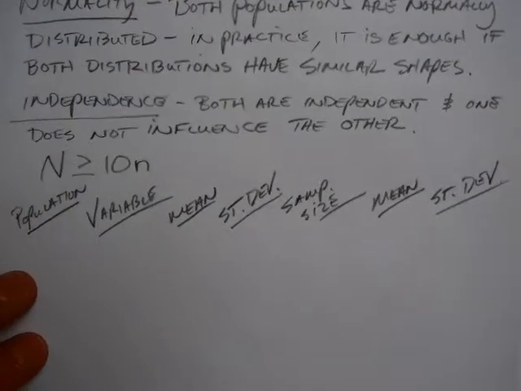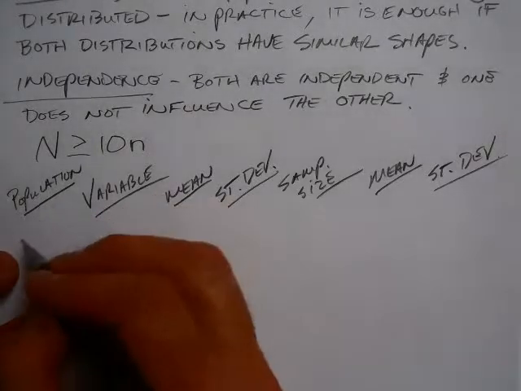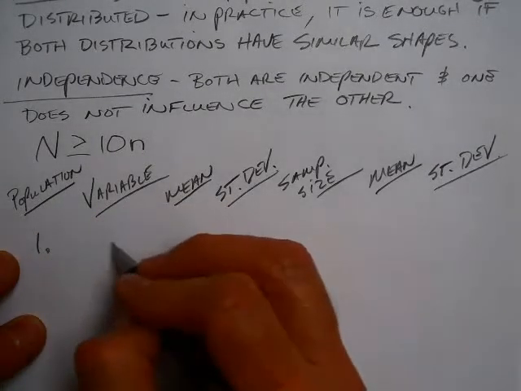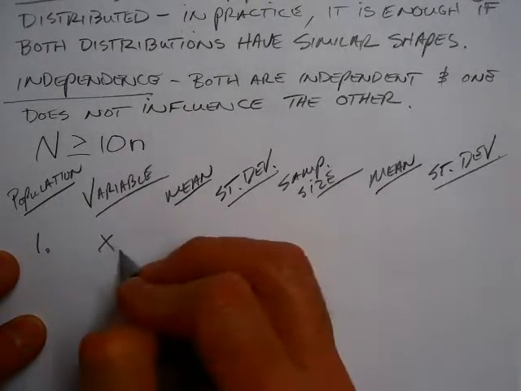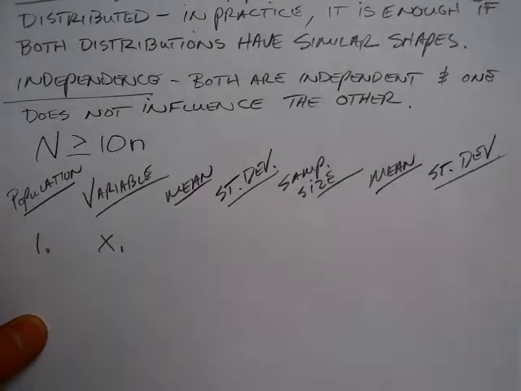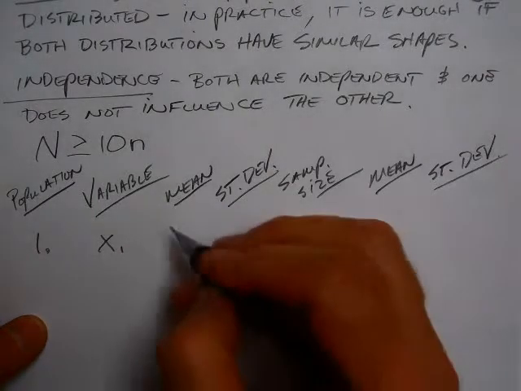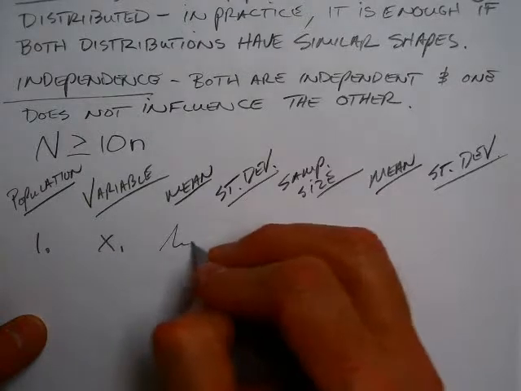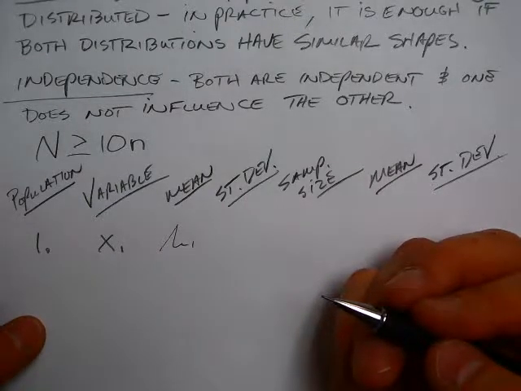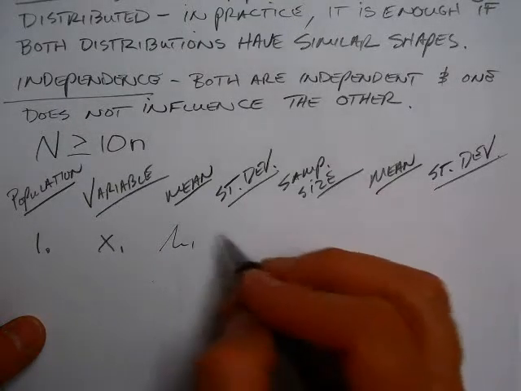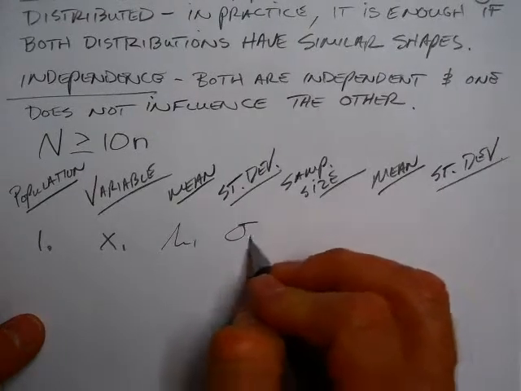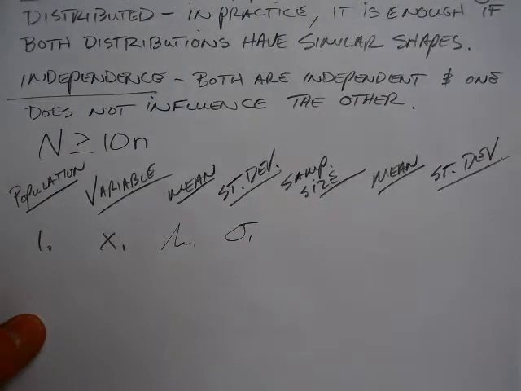So we have two populations. The first population, the variable would be x1. The mean would be mu sub 1. The standard deviation, sigma sub 1. And you don't have to use ones here.